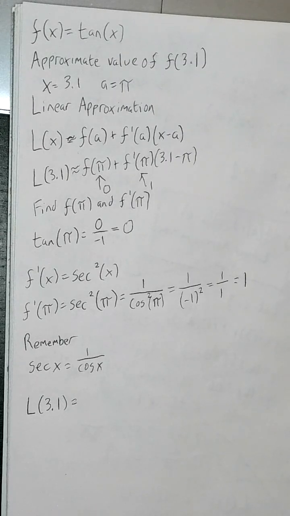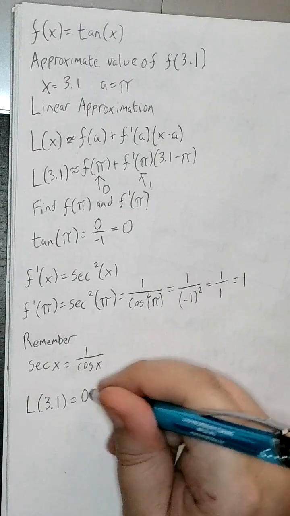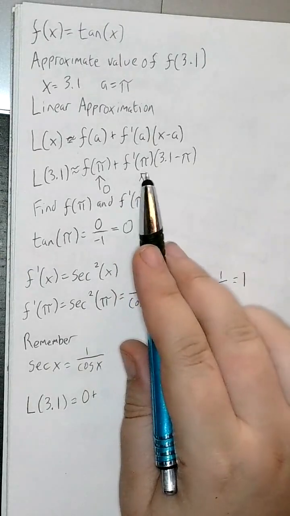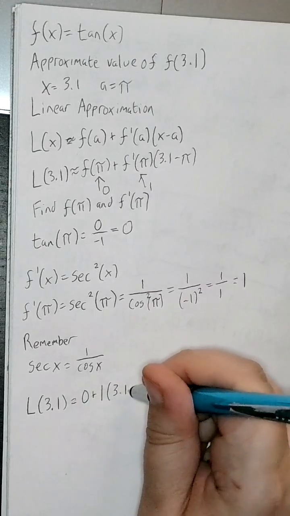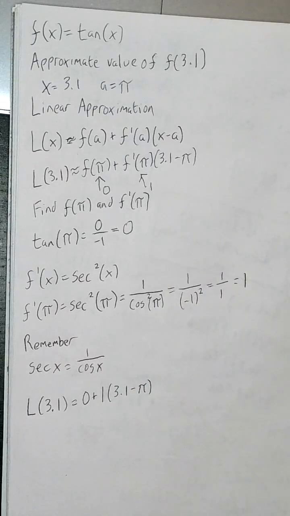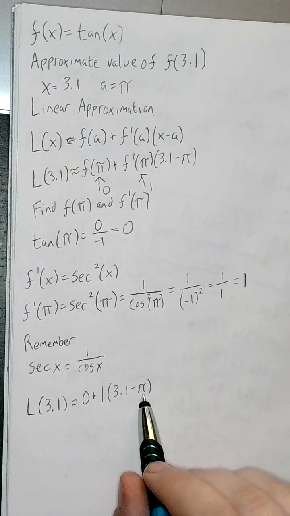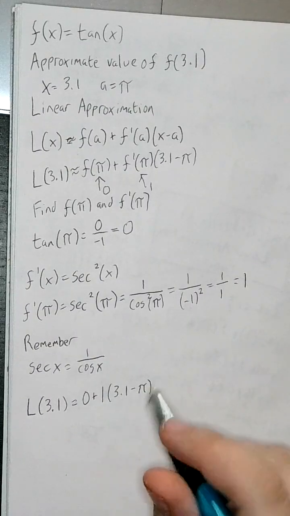As a visual, I'll write in 0. So f of pi is 0, plus f prime of pi is 1, times 3.1 minus pi. And now, let's see what we got. I'm going to use 3.14 now for pi. So I have 3.1 minus 3.14.